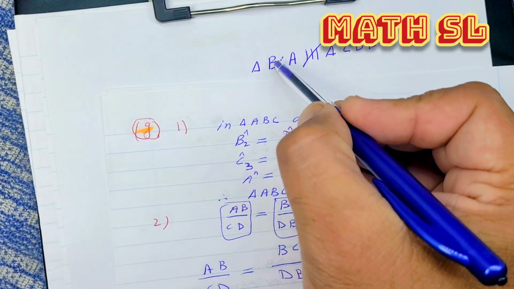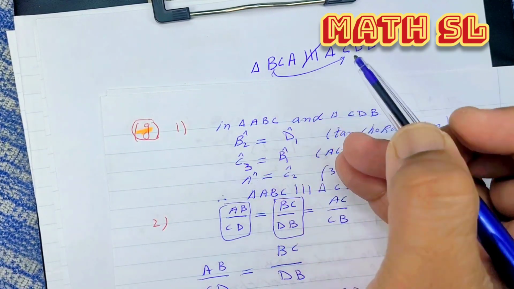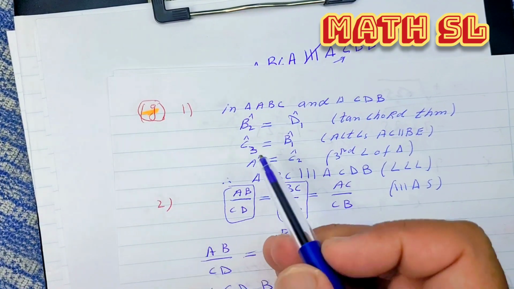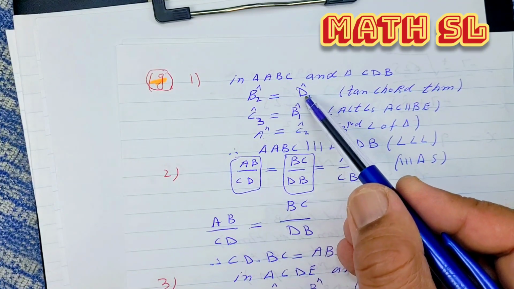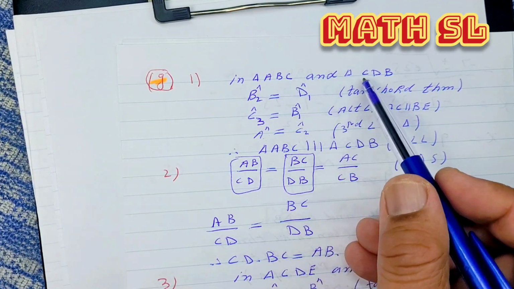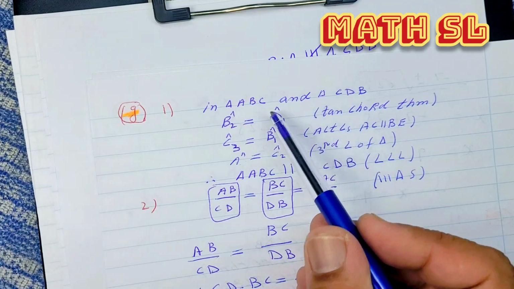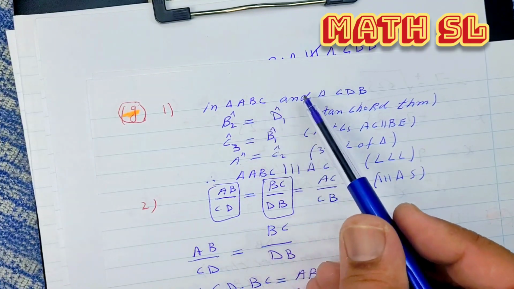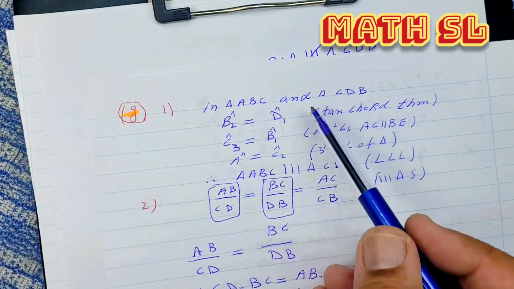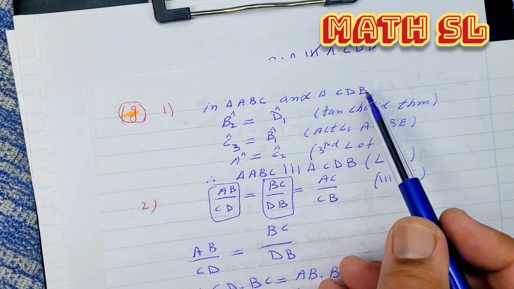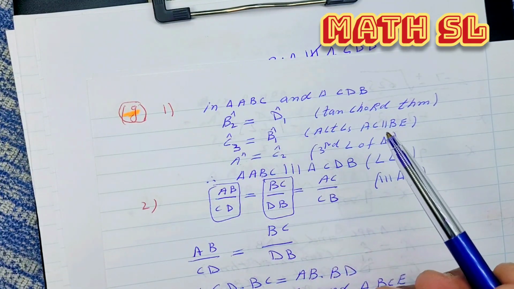This one is wrong. Can you see what I mean? So that's why you have to follow the pattern. If you choose BCA, then it's also going to be DBC on this side. But these triangles already exist in the sketch. That's why we choose ABC, CDB, because A goes with C, B with D, and C with B.